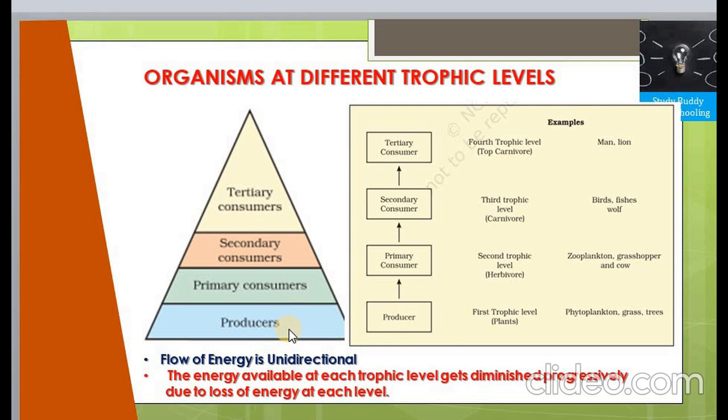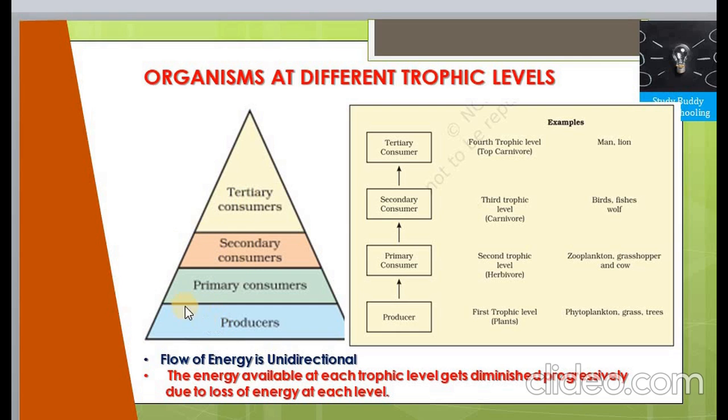And another important point is the energy flow. When it happens from one level to another level, there is always loss of energy in the form of heat or digestion or which is used up during reproduction. So there is always loss of energy at each trophic level.